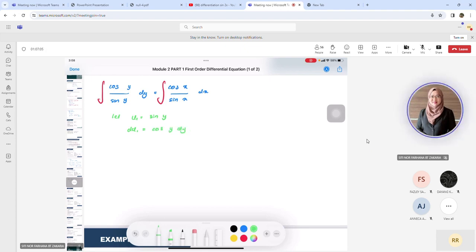And then for this integration, let u2 equals to sin x. So du2 equals to cos x dx. Okay, so you substitute this value into the equation back.